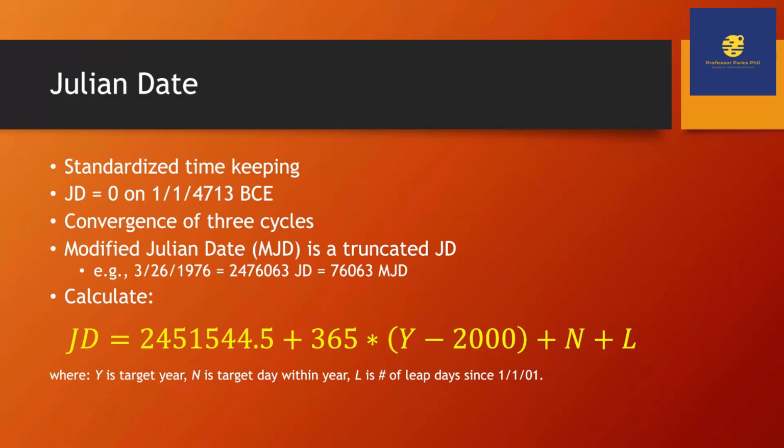We have standardized this system called the Julian date. And the Julian date starts at 0 at January 1st, 4713 BCE. Effectively, this is the convergence of two astronomical cycles and a tax cycle in the Roman Empire.